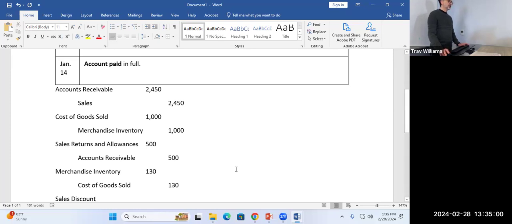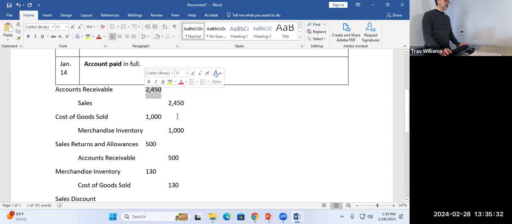And how do we figure out that amount? We have to start with how much they owe us, right? The account receivable. How much do they owe us at this point? Well, there was a $500 reduction to their account receivable, right?